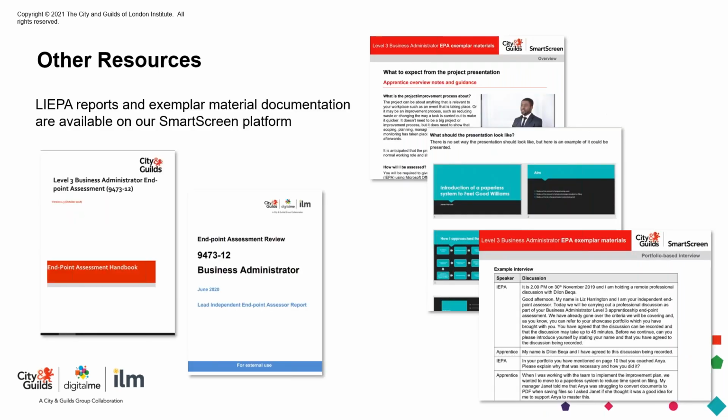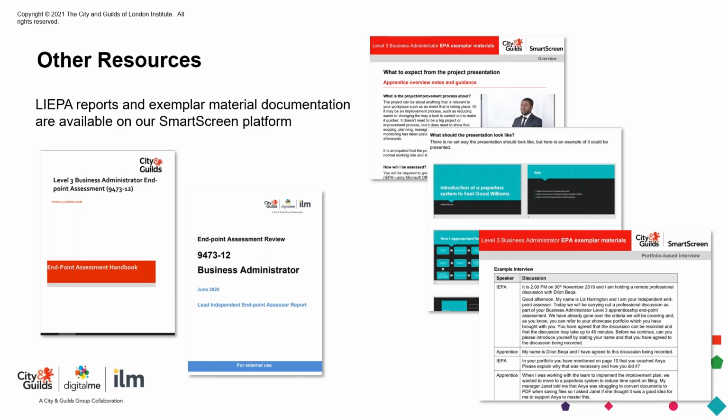So other resources that we've got, those invaluable resources, are available in the form of exemplar material, which gives advice and guidance around the 3 components, including what to expect from the project presentation, transcripts, for example, of EPAs, and a few others. Once again, just a reminder about the EPA handbook to support with the knowledge test, because that is vital. And of course, you can see a screenshot there of the lead independent endpoint assessors report.